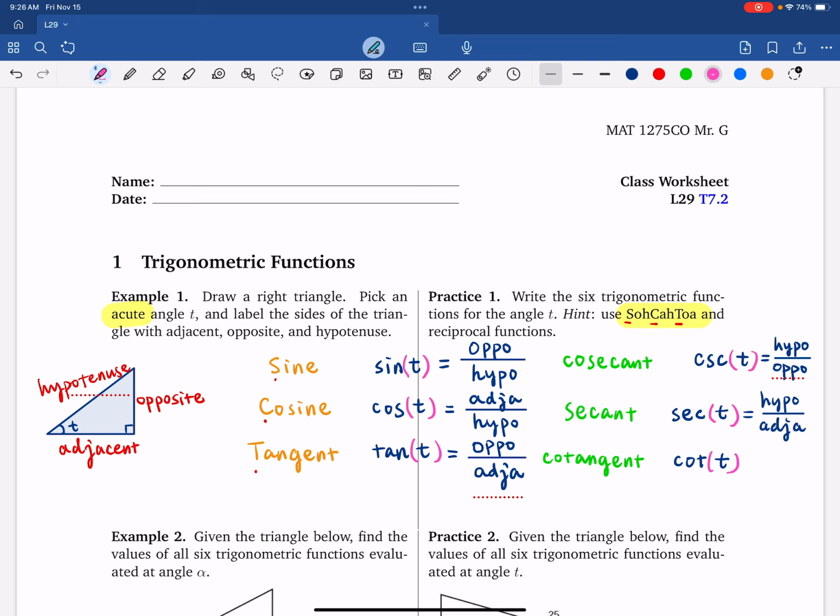In the past, a lot of people got confused with these two function names. One is COS, the other one is COT. Just remember that they are different. COS represents cosine, COT represents cotangent. They're two different trigonometric functions. And by the definition of reciprocal, since cotangent is the reciprocal of tangent, and tangent is opposite over adjacent, then cotangent has to be adjacent over opposite.